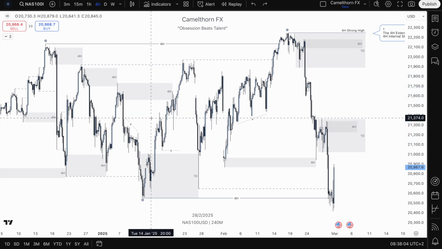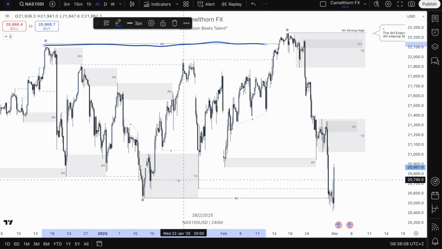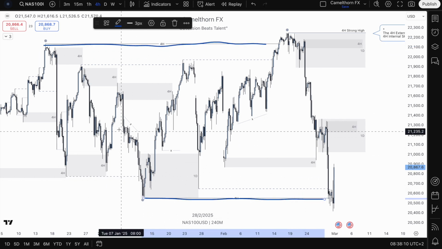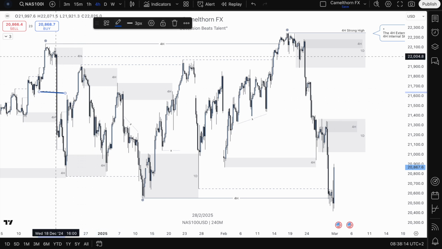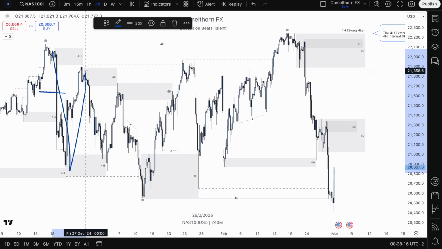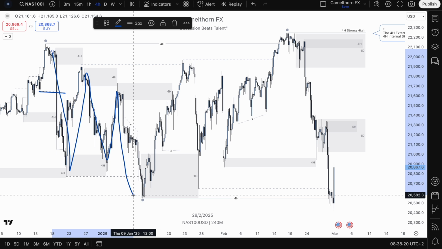Now, this directly resulted in the expansion of not only our 4-hour external structure, but it also resulted in the expansion of our 4-hour internal structure. As you can see, we did have our internal structure just expanding in size and getting much, much larger.